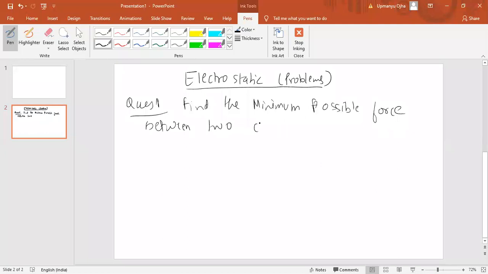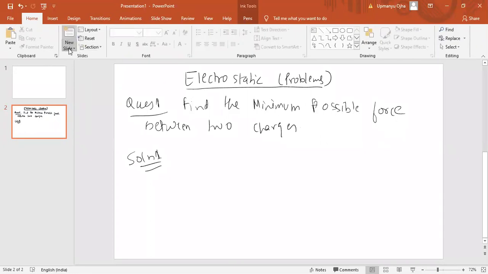Can you find the minimum possible force between the two charges? I'll give you around 2 or 3 minutes. You can solve that problem now, to find the minimum possible force between two point charges.